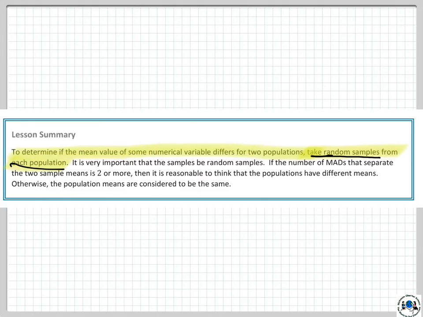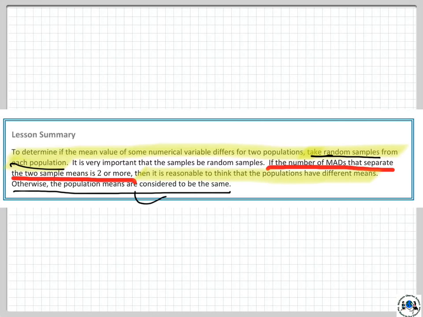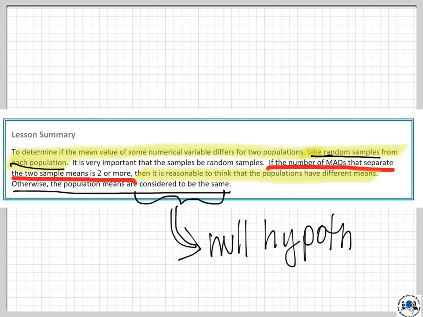If the number of MADs, those mean absolute deviations that separate the two sample means, is 2 or more, then it is reasonable to think that the populations have different means. Otherwise, the population means are considered to be the same, and this idea is really, like I told you before, what all statistical studies start with: the null hypothesis, that there is no difference.